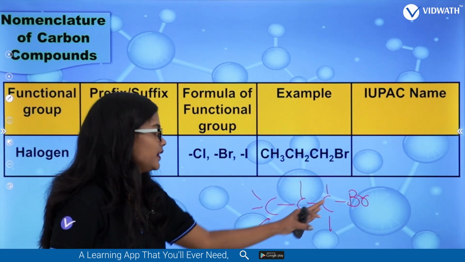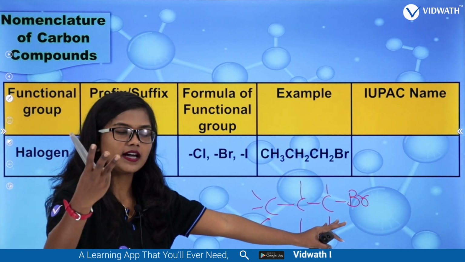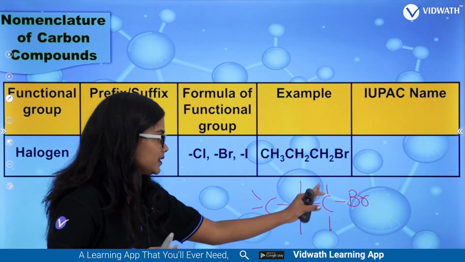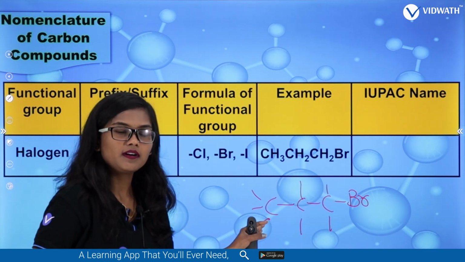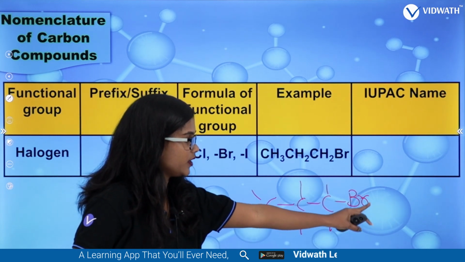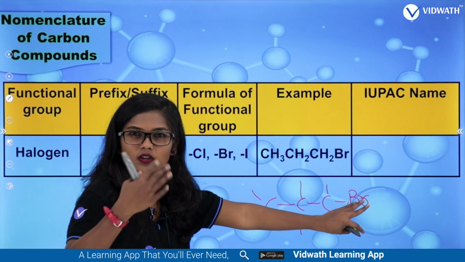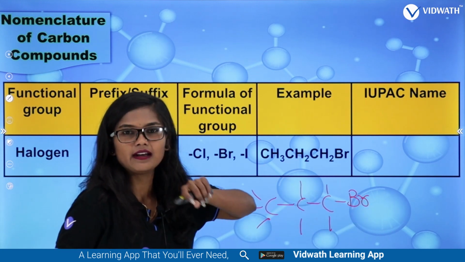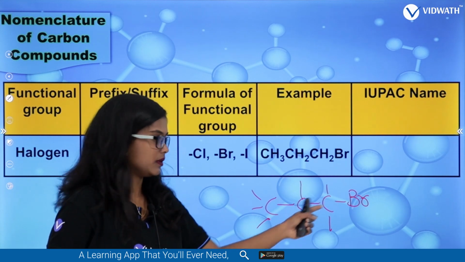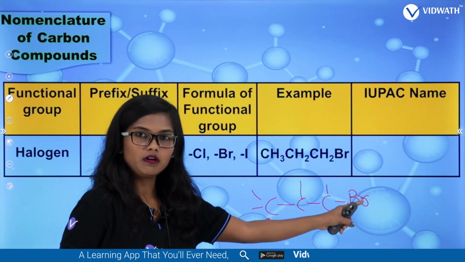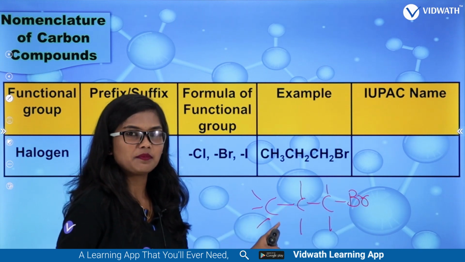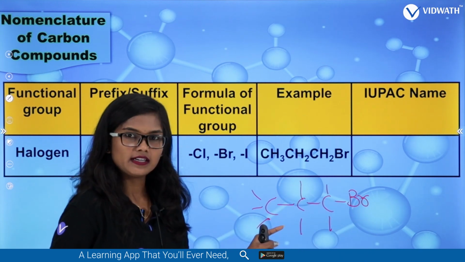If it were only H, we would call it propane, as it has 3 carbons, prop, and all the carbon atoms have single covalent bonds. But here, instead of hydrogen, the heteroatom bromine has been added to this hydrocarbon compound. Clear? Now we can't call it a hydrocarbon compound, because other than hydrogen we have one more heteroatom, a halogen functional group, added to it, right? Then how do we name it?